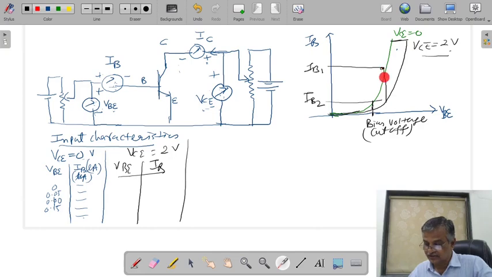So base current decreases as VC increases. If VC is 0, this is the value of base current. If there is 2 volt, this is the value of the base current. So why this is happening, that I want to discuss.